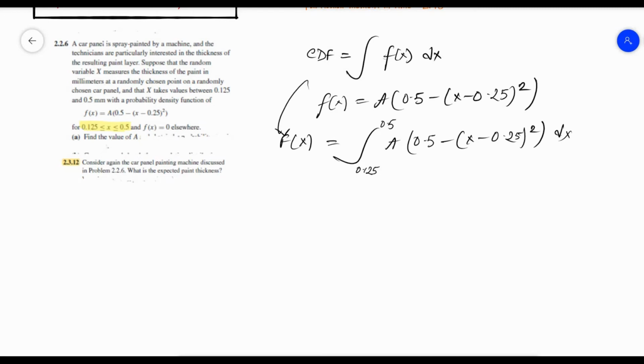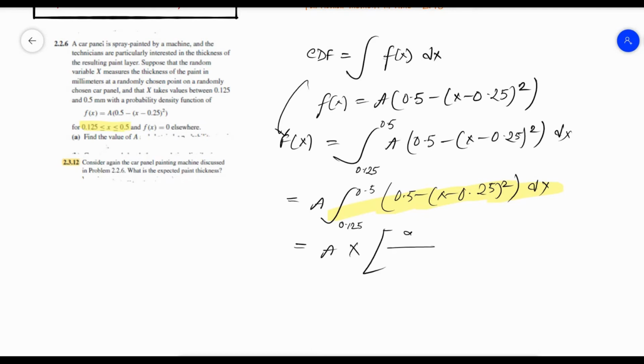If we consider a as a constant, then we have 0.125 to 0.5 and the remaining portion. If we do the integration, we'll get the result of this part as a into 93 over 512.